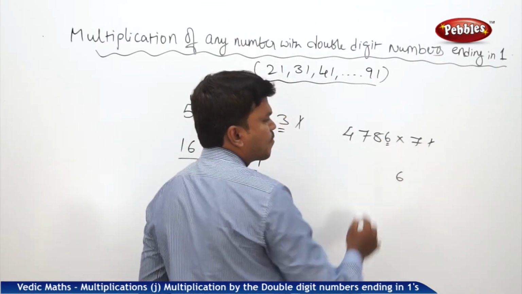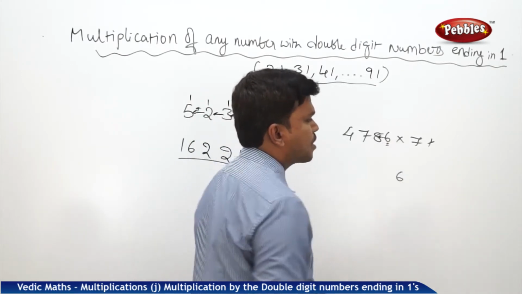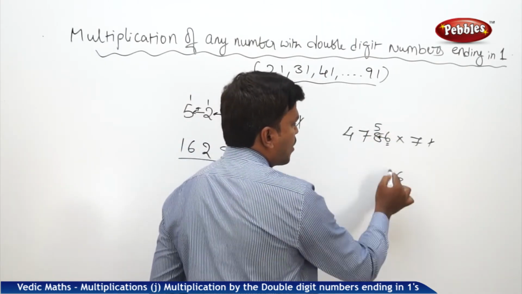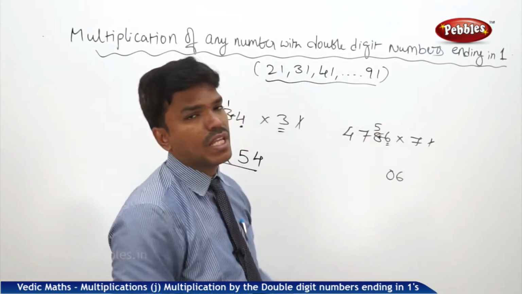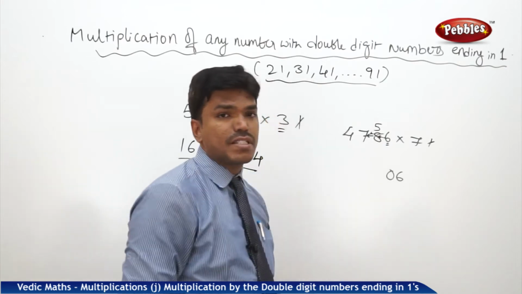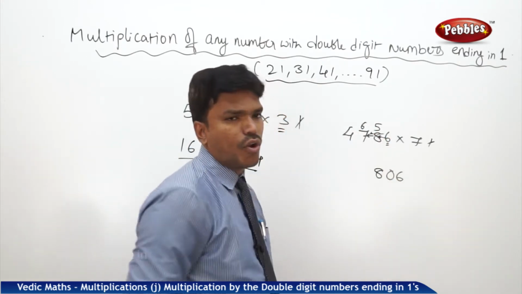Now what is 7 6s? 42. 42 plus left side digit 8, 50. So carry 5, drop 0. 7 8s 56. 56 plus 5, 61. 61 plus left side digit 7, 68. So drop 8, carry 6.